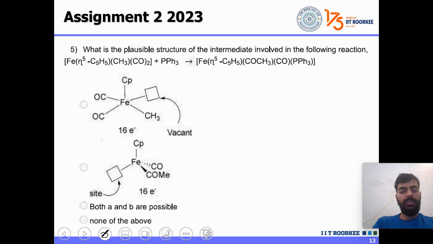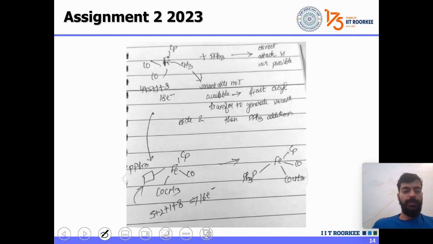What is the plausible structure of the intermediate involved in the following reaction? A or B? None of the above or both? This is A, this is B. So if we see here, this is how it will go. It is already an 18 electron system.